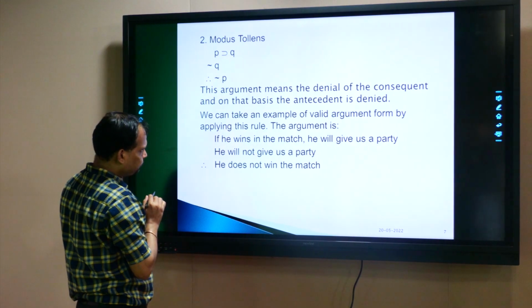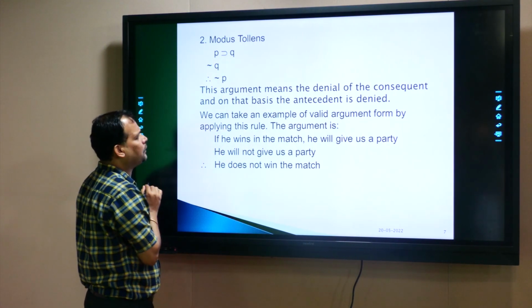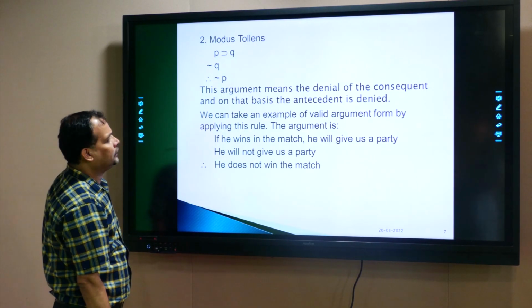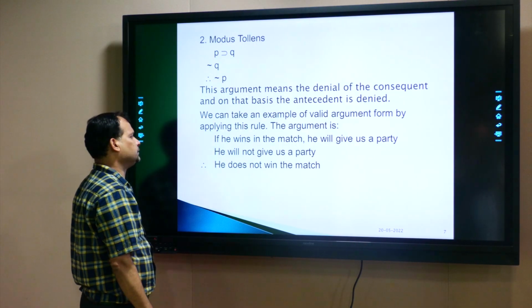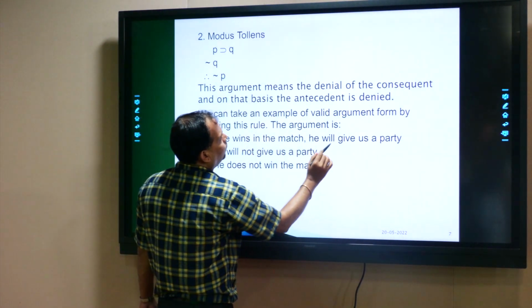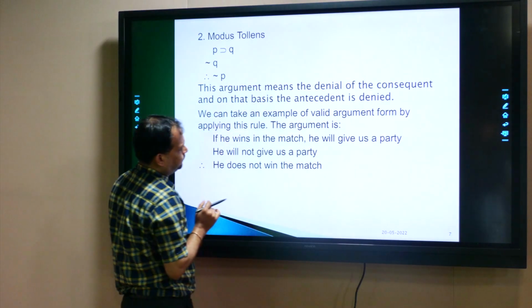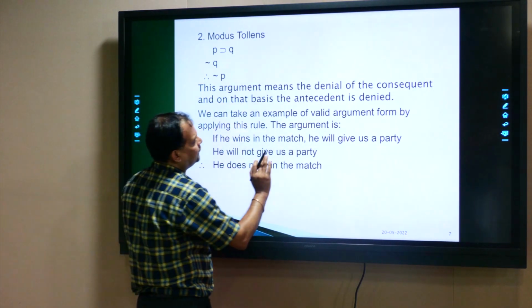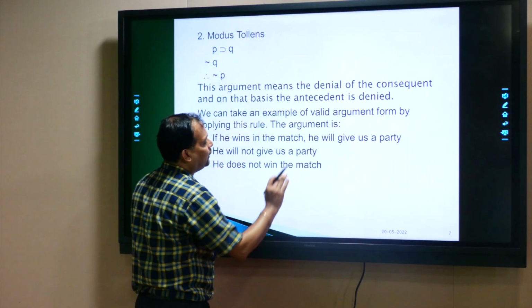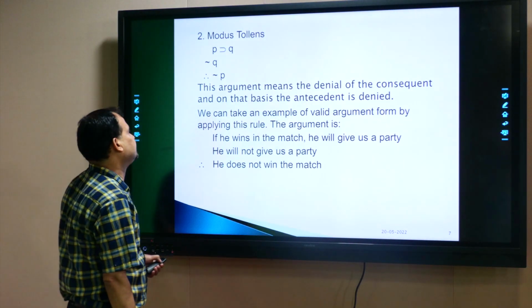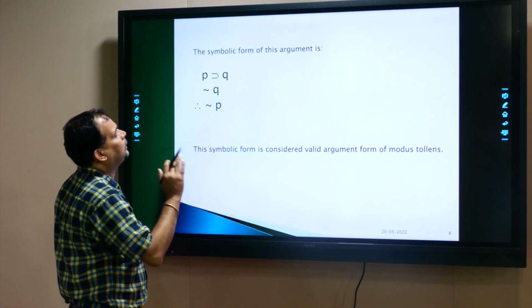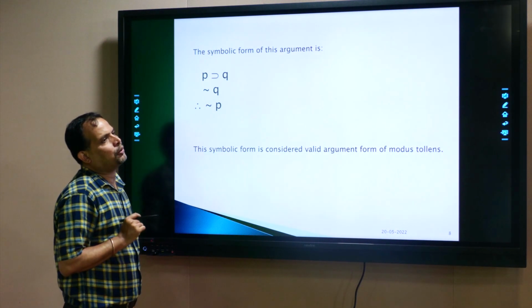So dear learners, we can take an example of a valid argument form by applying this rule, and the argument is, you see, if he wins the match, he will give us a party. He will not give us a party, therefore he does not win the match. So this is the example of Modus Tollens. But how can we symbolize this type of argument?